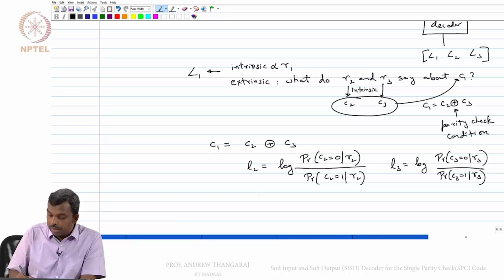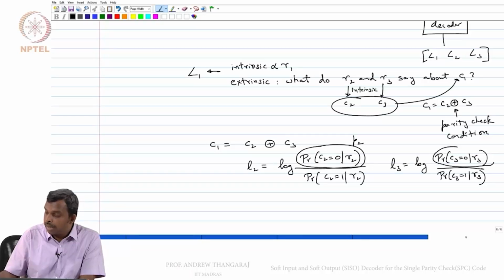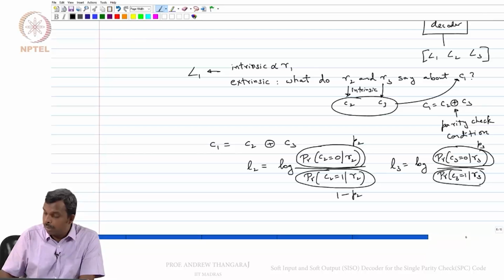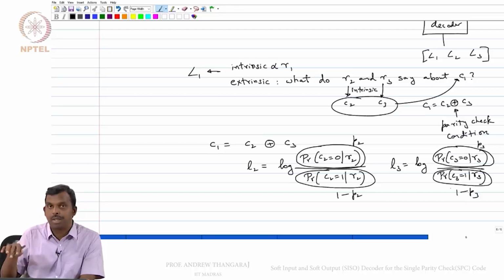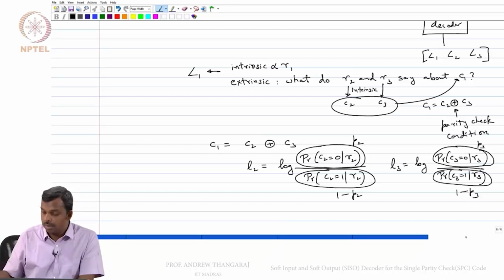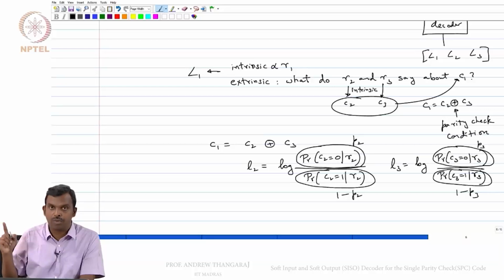From here one can go to this, so maybe I'll call this P2, and I'll call this P3, just for simplicity. Once I call that P2, this is actually 1 minus P2. The denominator is also 1 minus P3. This is just the probability of 0 or 1; both of them have to add together to give you 1.